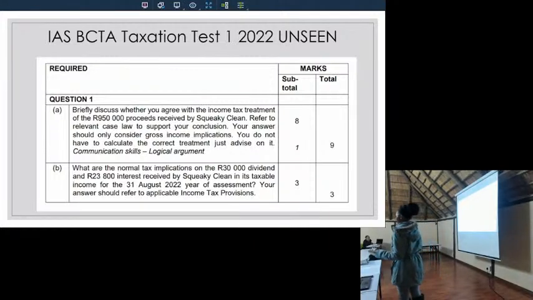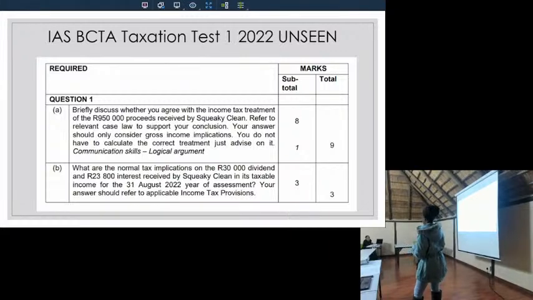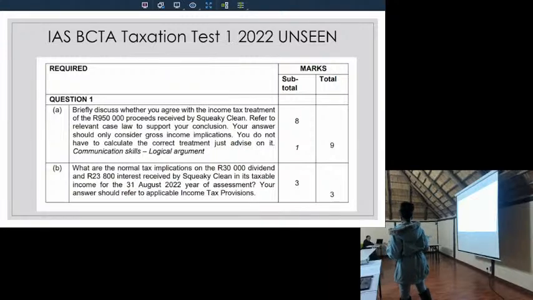So if the required tells you to discuss all tax implications, it's your responsibility to discuss VAT, Income Tax Act, and CGT for now. In CTA, there are many taxes that you will be introduced to, but for BCTA, if I state that all normal tax implications should be discussed in this required, you need to consider VAT, Income Tax Act, as well as the CGT when there's a disposal.